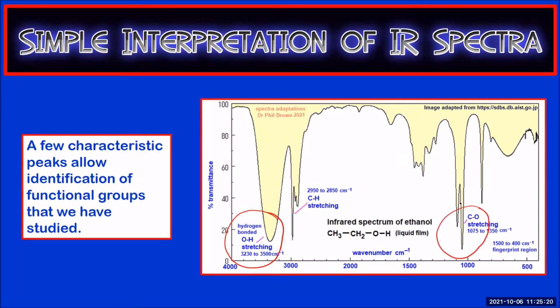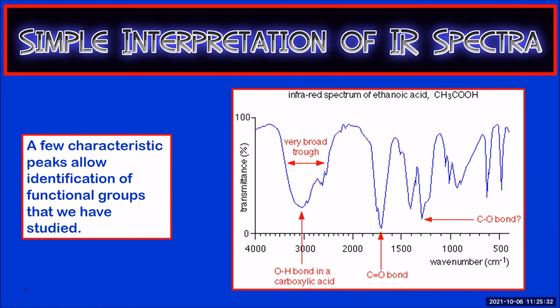Seeing these absorptions makes you suspect your compound is an alcohol or maybe a carboxylic acid. To tell if you have an alcohol or a carboxylic acid, you need to look for the very strong absorption trough at about 1,700 to 1,750 centimetres to the -1, which is a carbonyl group.